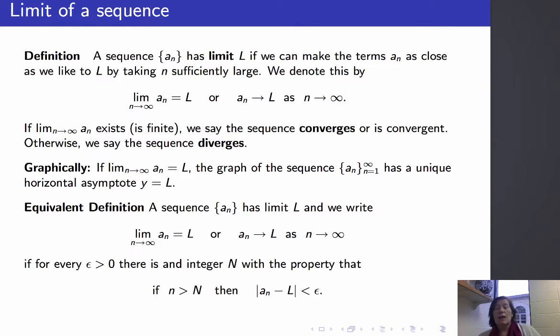And I can make that epsilon as small as I like. So I can get the values of the sequence as close as I want to L from some point on.